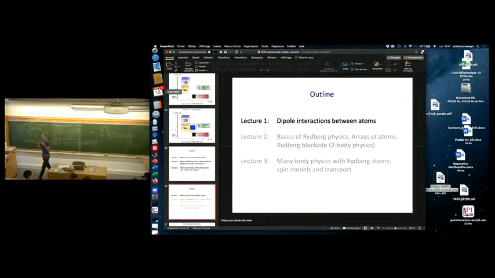Just to connect with the previous lecture, this is nothing but the Green's function that Darek has written, keeping only the 1 over R cubed term. So what Darek had written is something of this form, d1i times a tensor times d2j. This is the tensorial form. So once again, this is exactly what Darek has derived, but just keeping the static case.